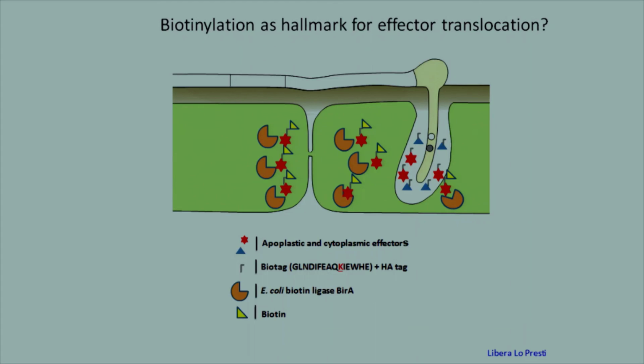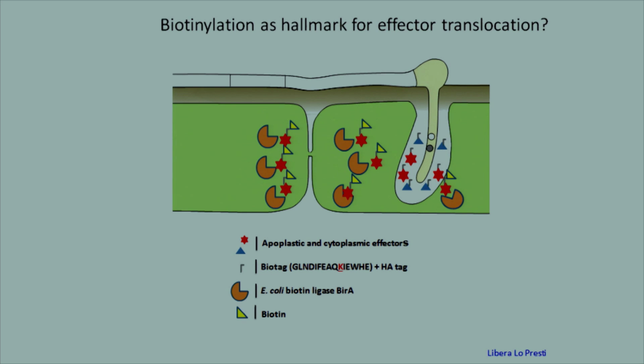So we thought we should have a good chance to develop this into an assay system for effector translocation. So the idea is very simple. You have a set of apoplastic and cytoplasmic effectors. You fuse them all to this little biotag, let them be secreted by the fungus, so in the homologous system.